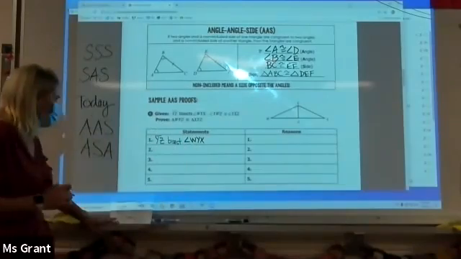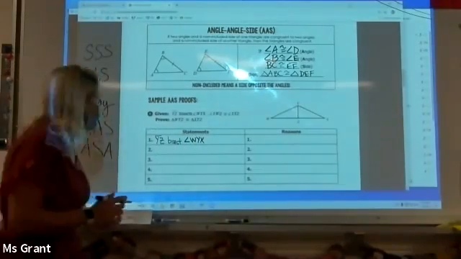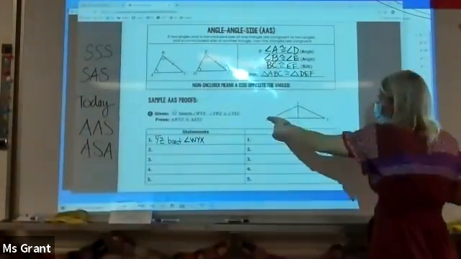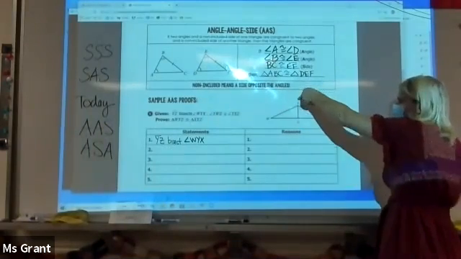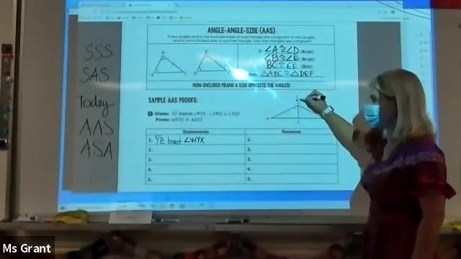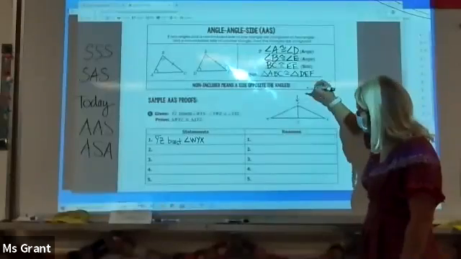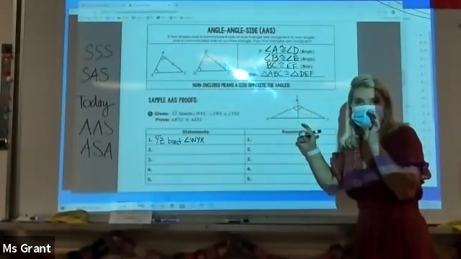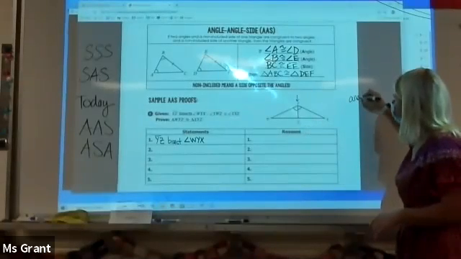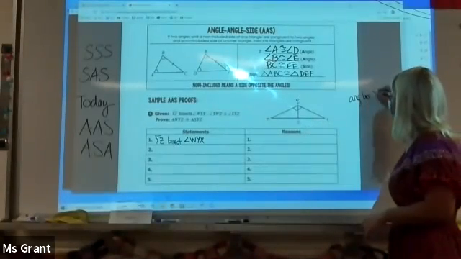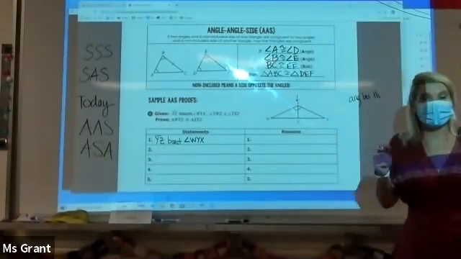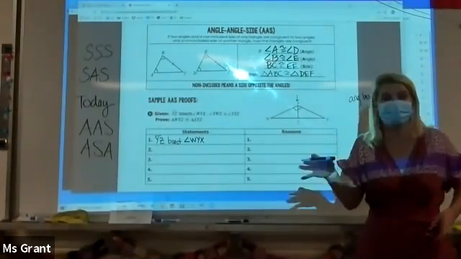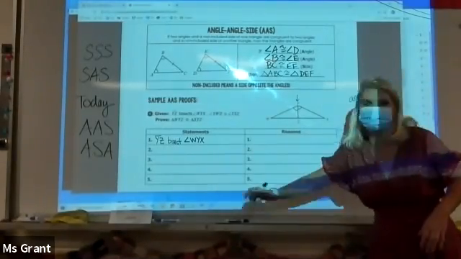Okay. YZ bisects angle WYX. WYX is this one on top. This is my vertex angle because it's in the middle. It is bisected, which means that I'm going to put in my proof somewhere, angle bisector theorem. Maybe I could write that on the side to remind myself. If an angle is cut in half, I'm going to have to say angle bisector theorem somewhere in my proof.